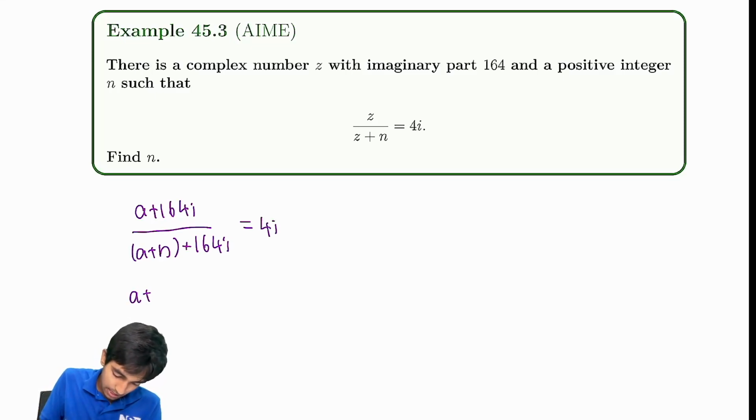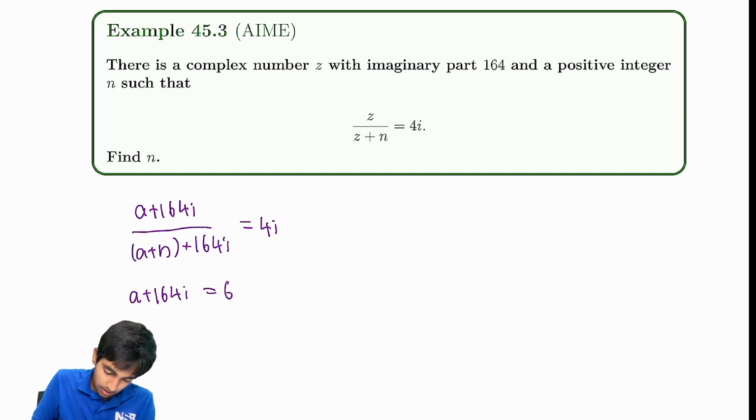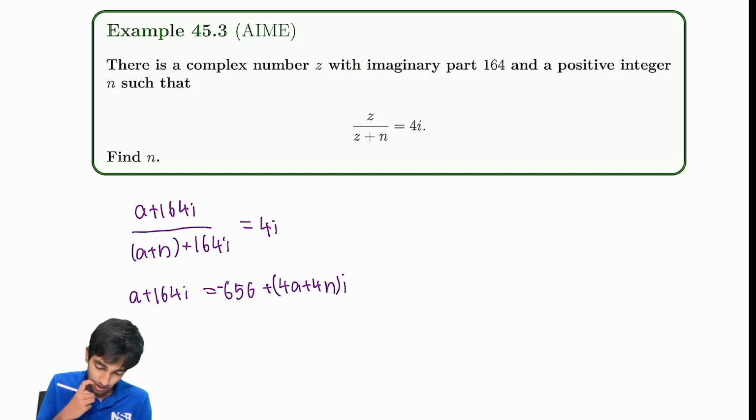And now we can just write it, a plus 164i equals, that would be negative 656, and then plus 4a plus 4n i. Okay, and now we basically have an equation. Now what we can do is compare the real parts, which have to be equal, and the imaginary parts, which also have to be equal.